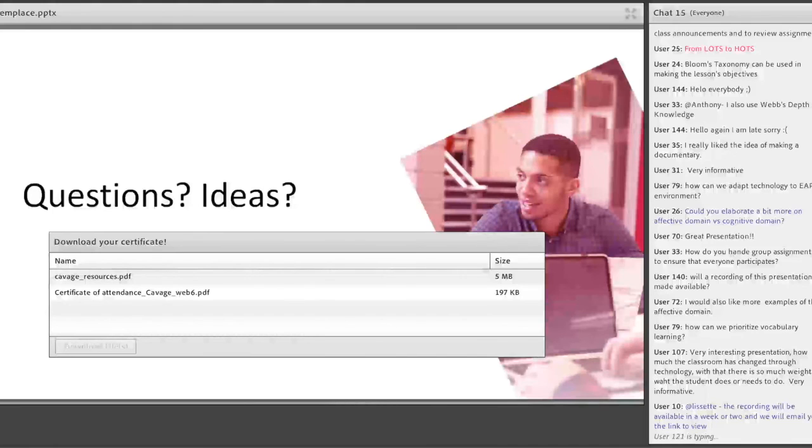So things like remembering and understanding, allowing students to watch a video lesson at home, and the expectation that they'd come into class having watched that. And now we can move up the taxonomy, where maybe we do an activity where they can apply what they've seen at home.